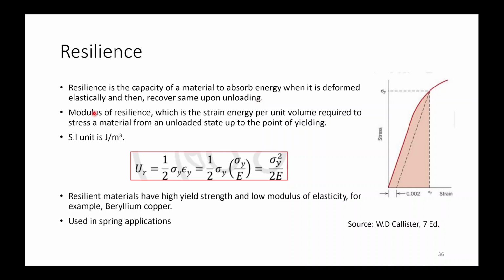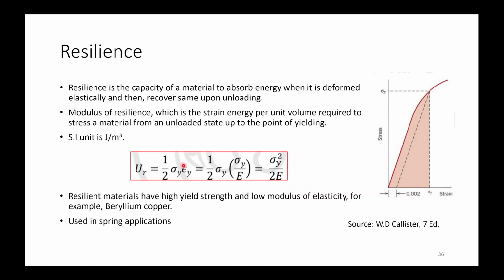And modulus of resilience is the strain energy per unit volume required to stretch a material from an unloaded state, which is here, to the point of yielding, up to the yield point. So it is a triangle. We can approximate it in the form of a triangle, and we can say its formula is half times sigma y, the yield strength, multiplied by epsilon y, which is the strain at this point.